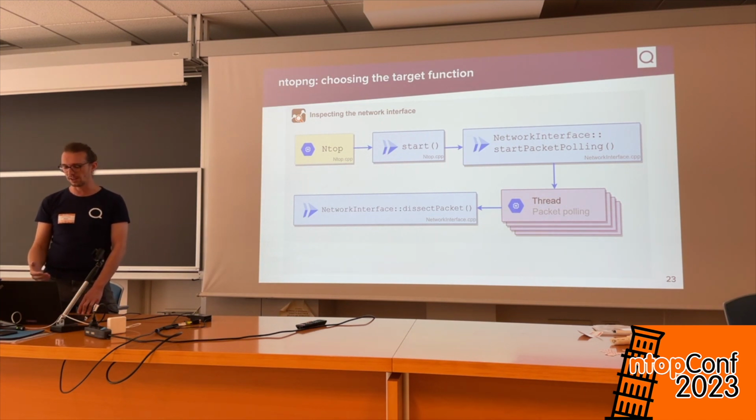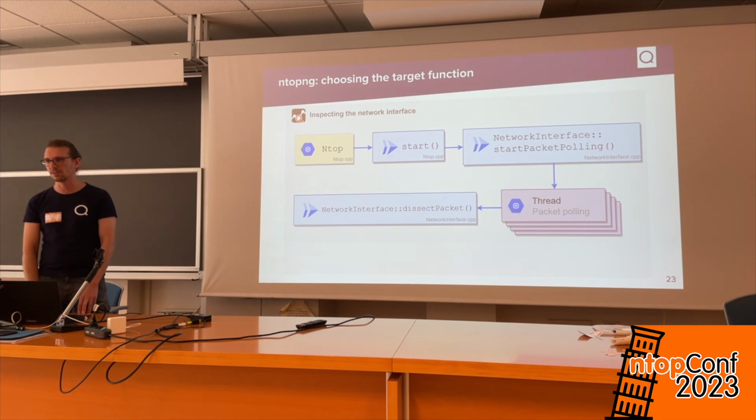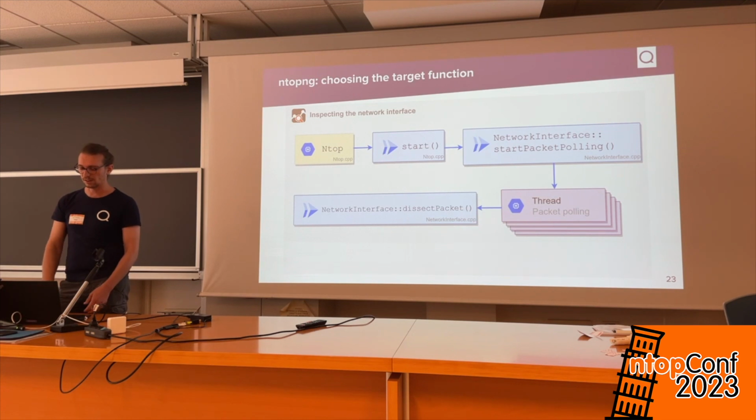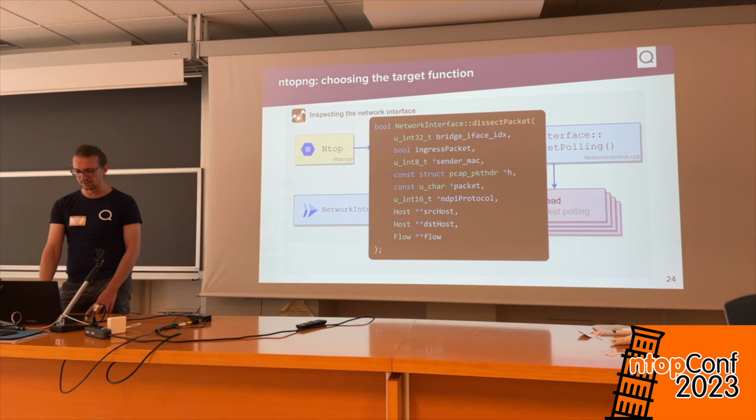So this is really an interesting target because it's where a lot of complex code is. We can look at the signature of the function, and we can see there are many parameters, but in reality there are not, because the first one is just an identifier that we can submit. There is a boolean that tells if the packet is an ingress packet or not. There is a sender MAC that we can ignore for the time being.